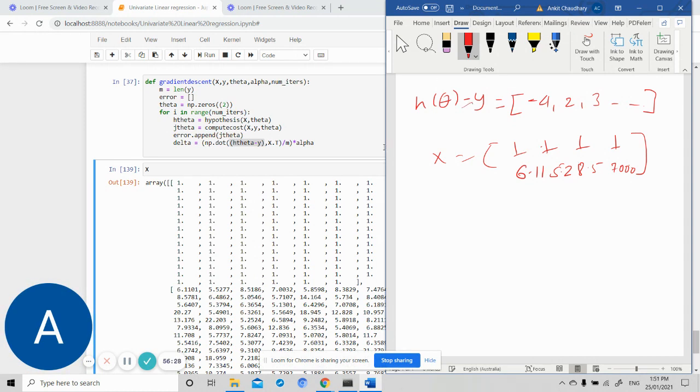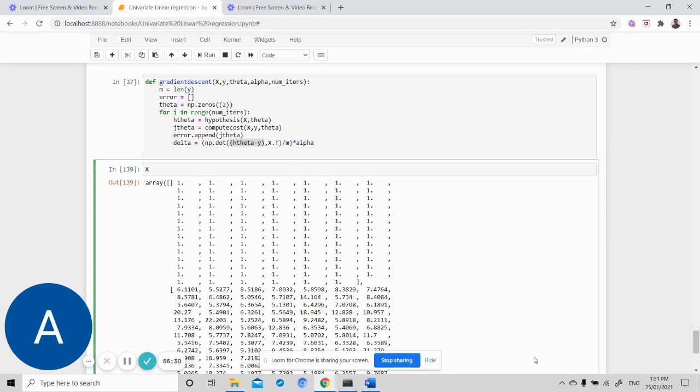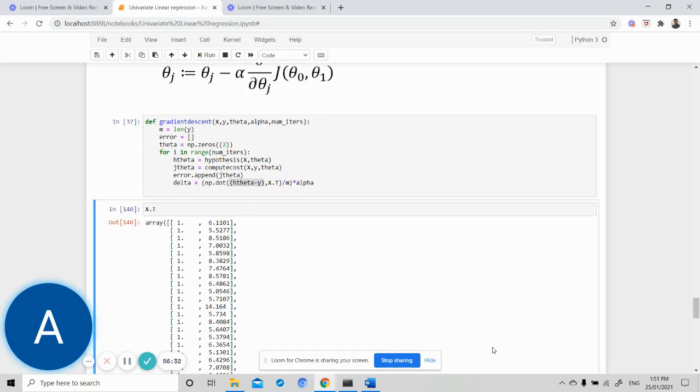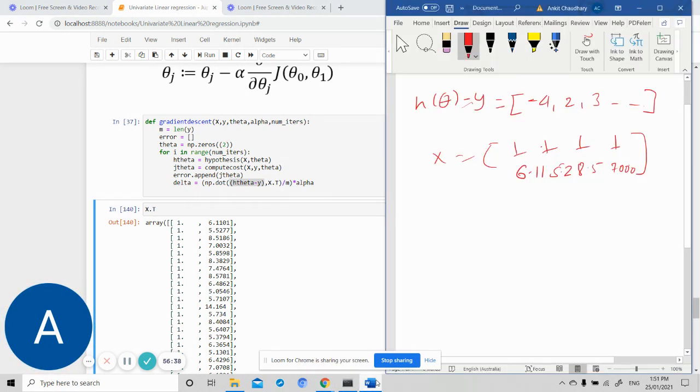So if we transpose this, my output becomes, if I do x dot t, it becomes 1 6, 1 5.2, and my hypothesis minus y is -4, 2, 3 and so on.